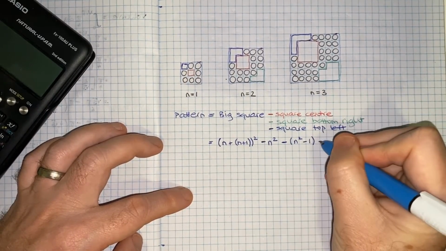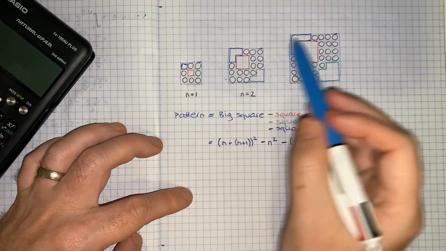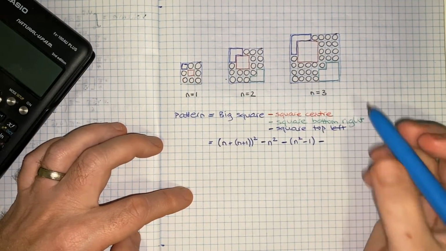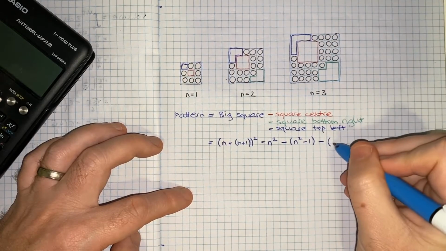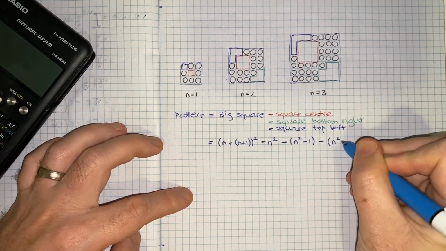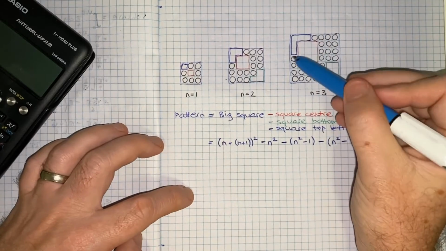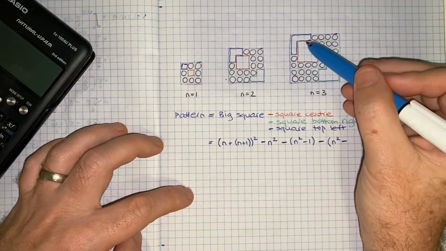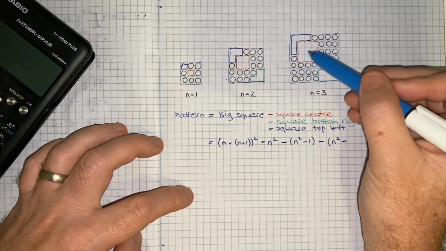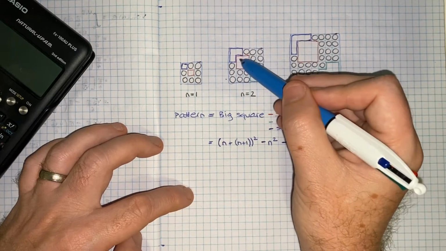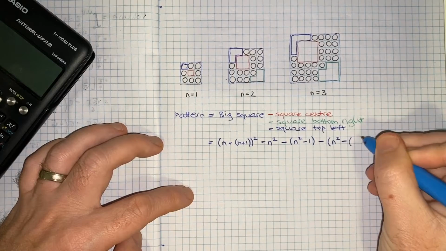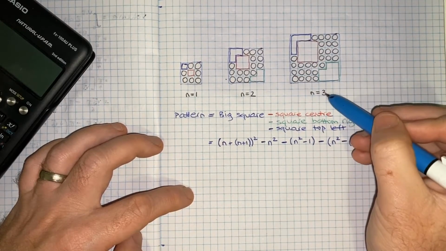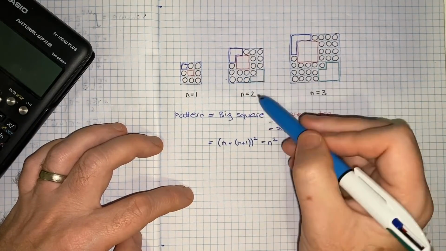And then the last thing we subtract is our top left. And that one we noticed was n squared minus, so it wasn't the full square, but minus, in this case it was a 2 by 2, in this case a 1 by 1, in this case minus nothing. So the 2 by 2 is 3 minus 1. The 1 by 1 is 2 minus 1.